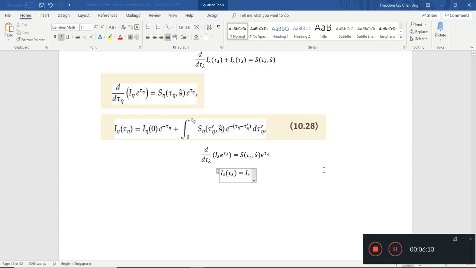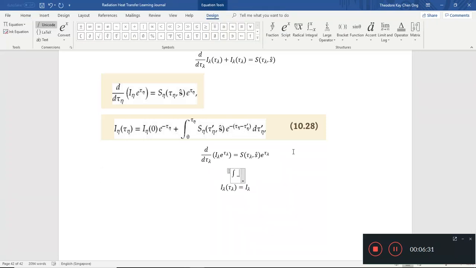So you integrate both sides. On the right side, you integrate from tau lambda equals 0 to tau lambda. Let me introduce the intermediate step here. So let's do the integration. The right hand side is this.